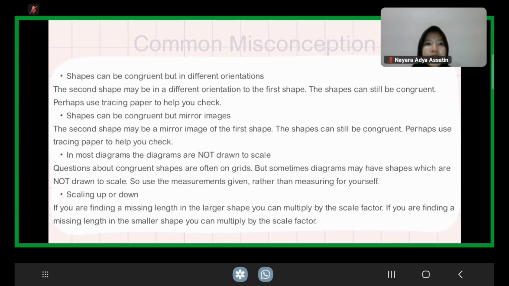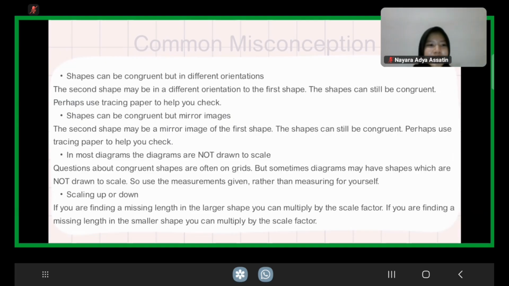The common misconceptions. First, shapes can be congruent but in different orientations. The second shape may be in a different orientation to the first shape. The shapes can still be congruent. Perhaps use tracing paper to help you check.